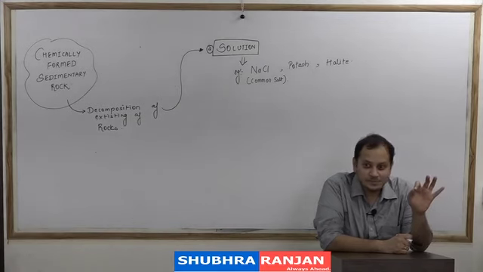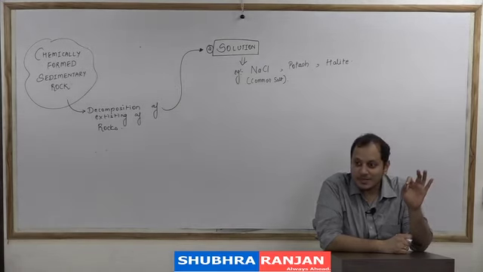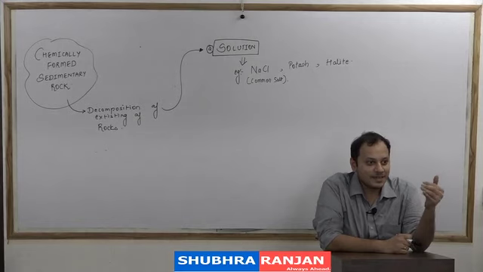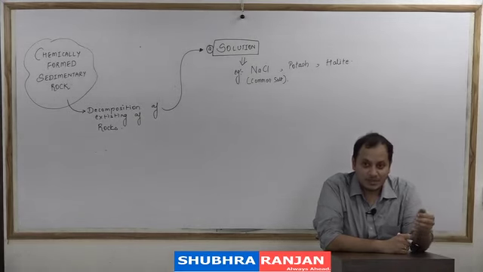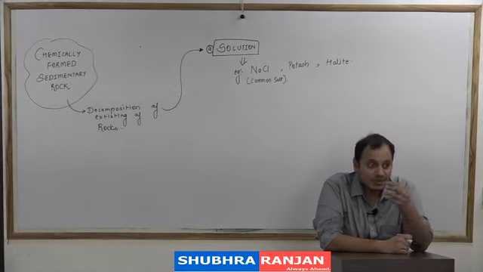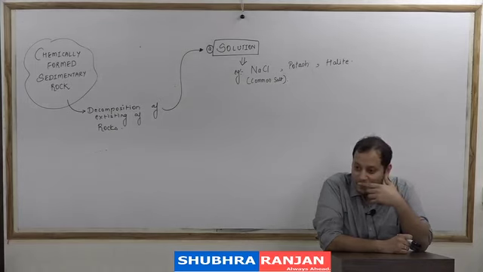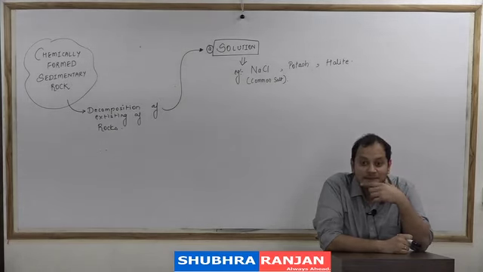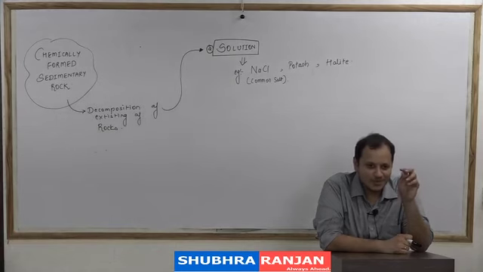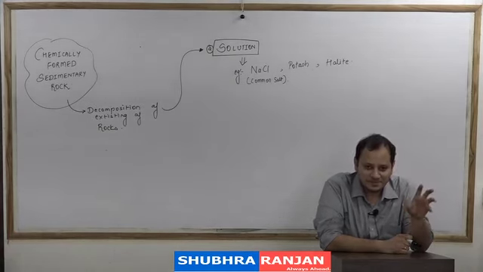Potash is what? Potash is a fertilizer. Again, it is an example of a chemically formed sedimentary rock. Potash is an important fertilizer. What do you mean by halite? Any idea what is halite? You use it, halite. Halite in simple words means senda namak.